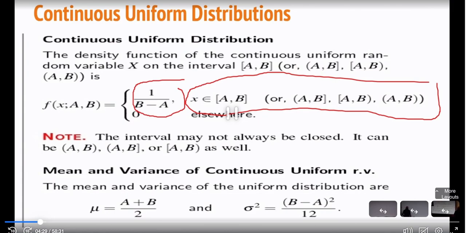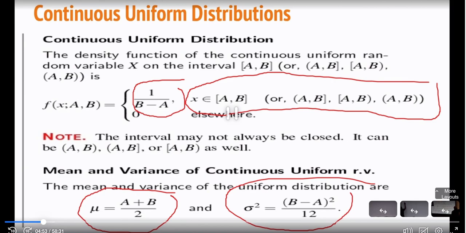Just like every other probability distribution, we can derive the mean and the variance. This is the mean, this is the variance, which I'm going to walk you through.